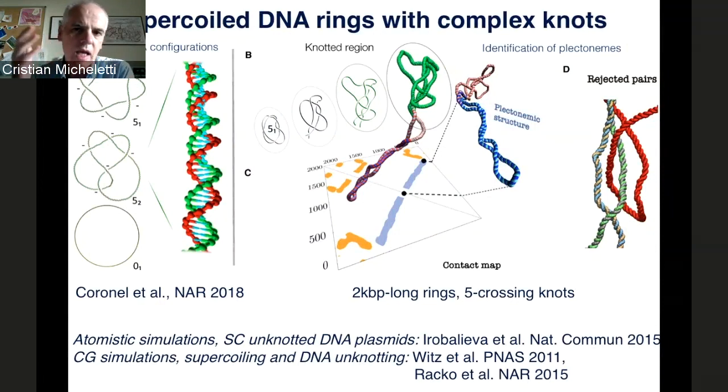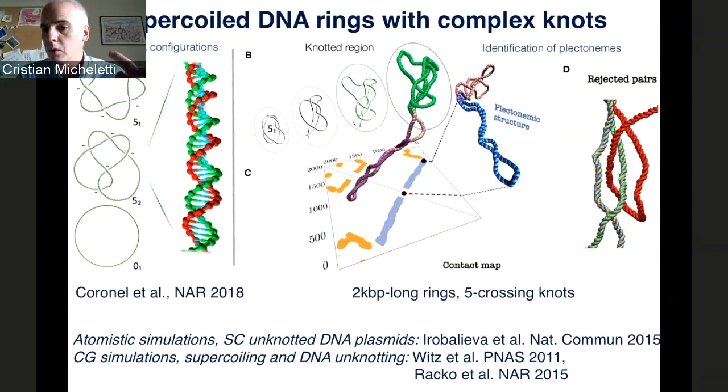And so with this aim of contributing to understanding of the process, what we did in collaboration with Antonio Suma and Lucia Coronel was to study some model DNA rings that were supercoiled, as bacterial DNA is in vivo, and also knotted, because these knots can spontaneously be formed.